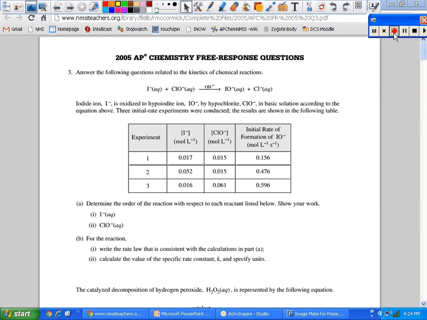And the reason you can't do table logic with this one, you can find the order of this one. All right, so when I hold these constant, this one does what? So 0.52.